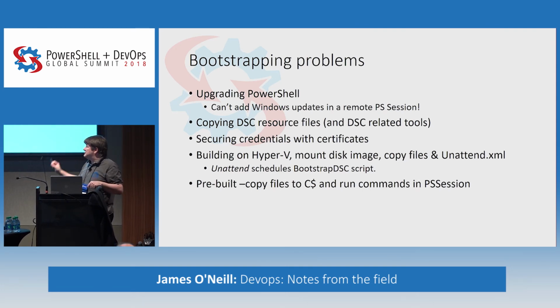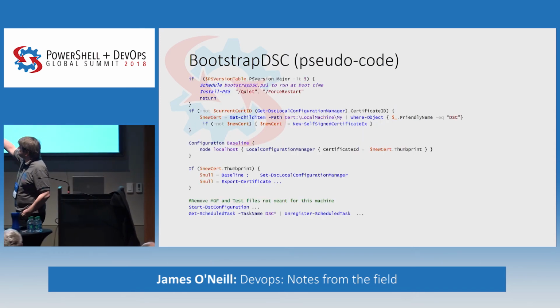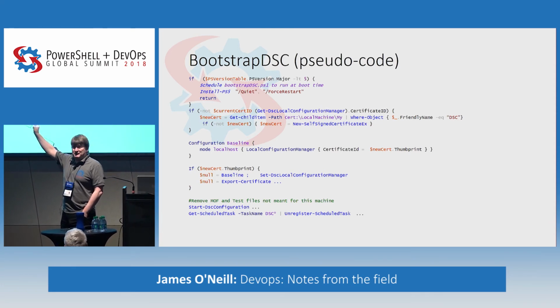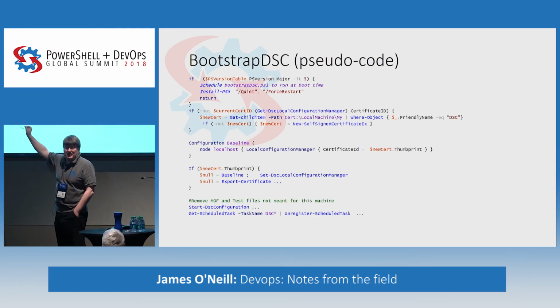If I'm presented with a pre-built machine, I connect to the C$ share on it, and I run some commands in a PowerShell session. So the bootstrap process basically says, if you're not running PowerShell 5, schedule this program to run at boot time and install PowerShell 5.